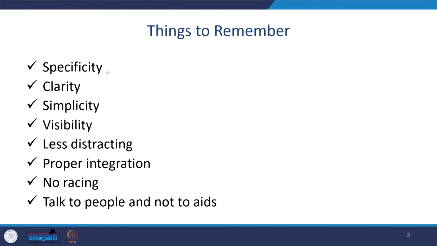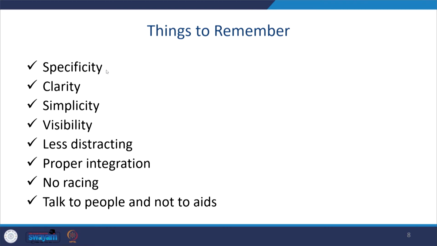Whether your visuals are specific, have you made it very clear? Clarity is the hallmark not only of presentations but of all sorts of talks. Are the aids simple? Can everyone be in a position to understand, unravel the mystery that as a speaker you are trying to sow there? And again one thing, are your aids visible?